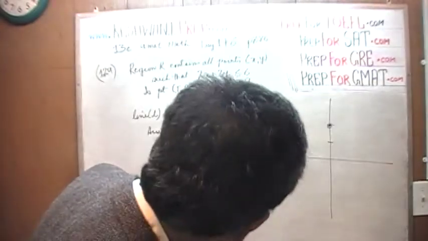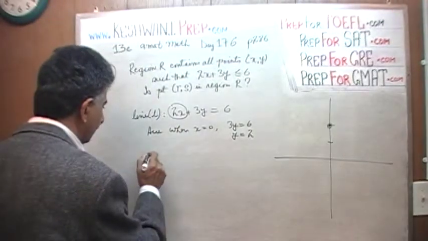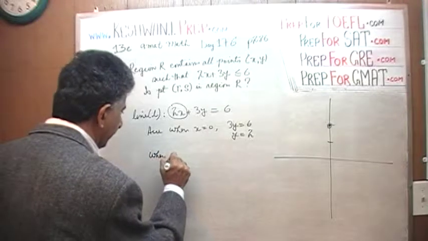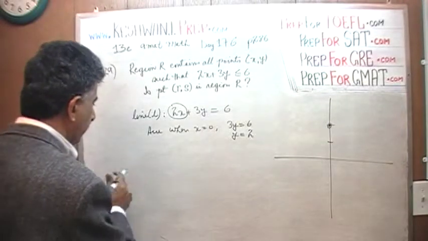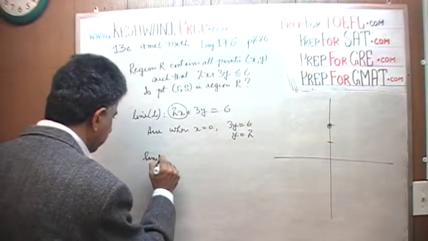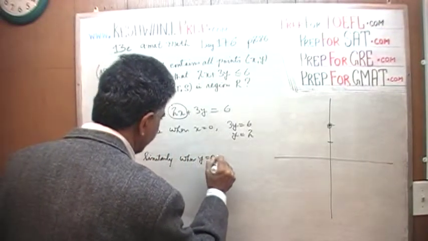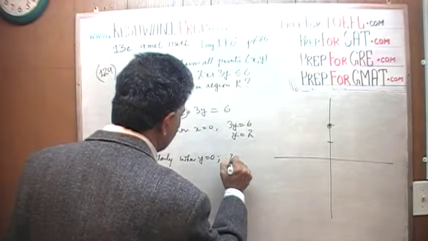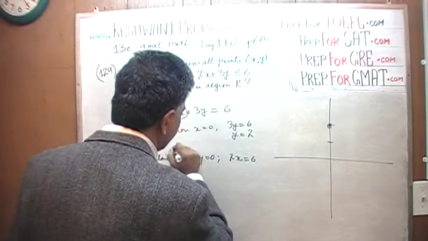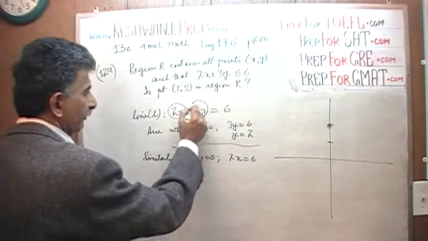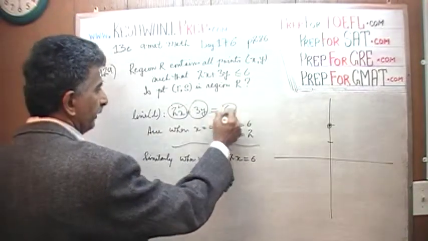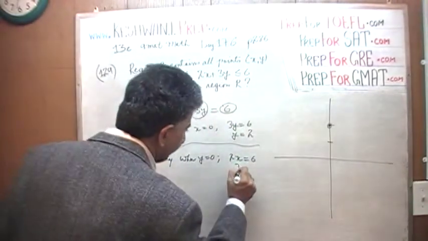Similarly, when y is 0, 2x will end up being equal to 6, because this term is going to drop out, which tells us that x is equal to 3.